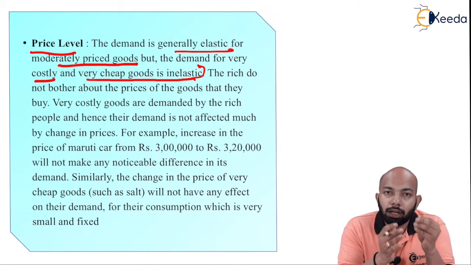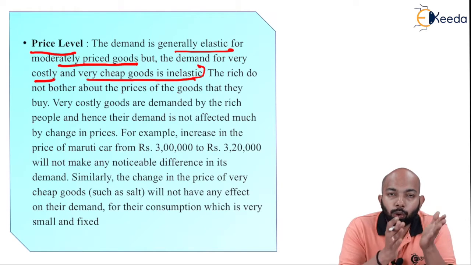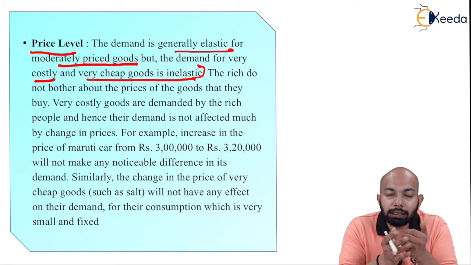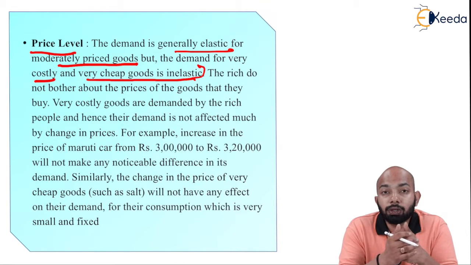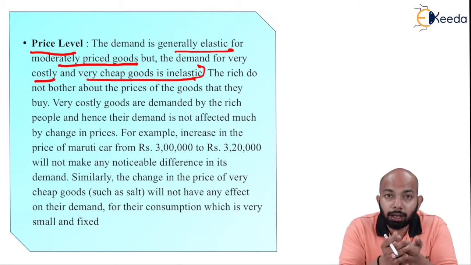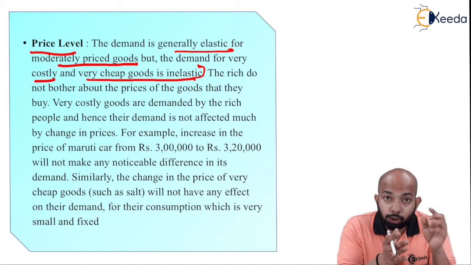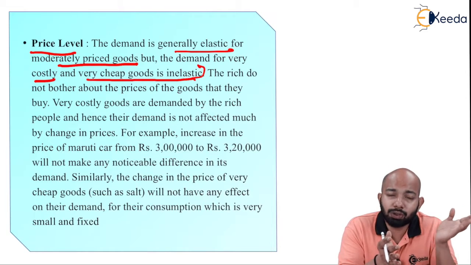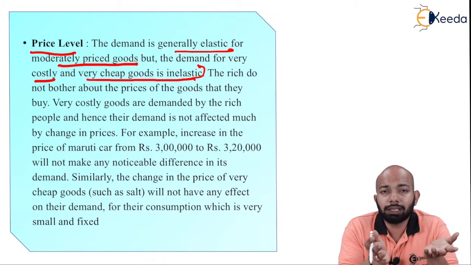No matter if you're selling a Jaguar for 1 crore or 1.5 crore, for me it is still going to be impossible because I don't have that much income. And no matter if the chocolate is 50 paise or 1 rupee, I'll still buy it. I don't even care about that.